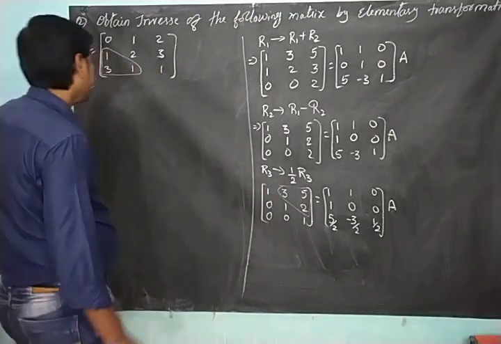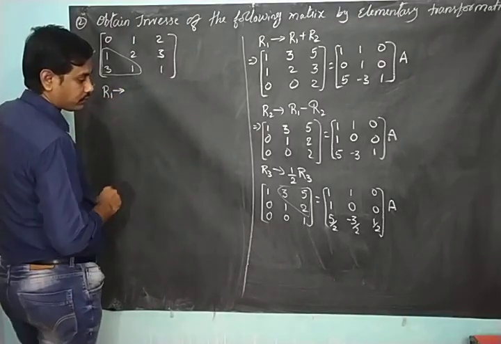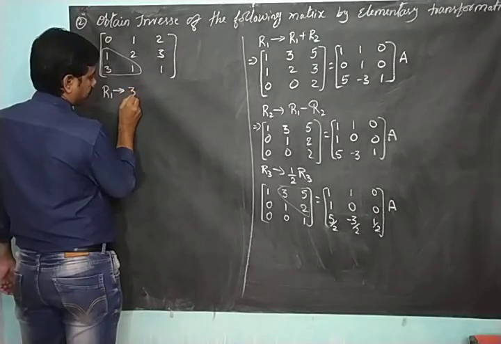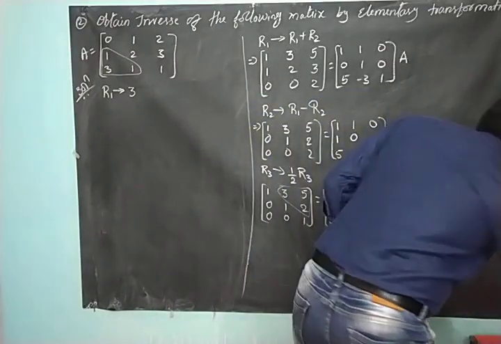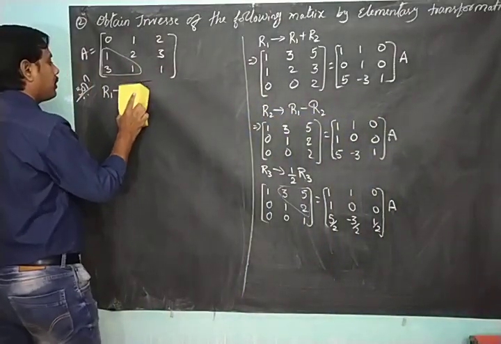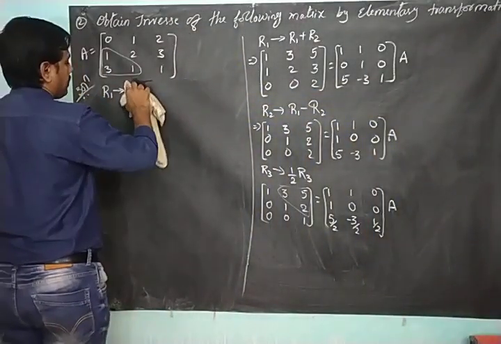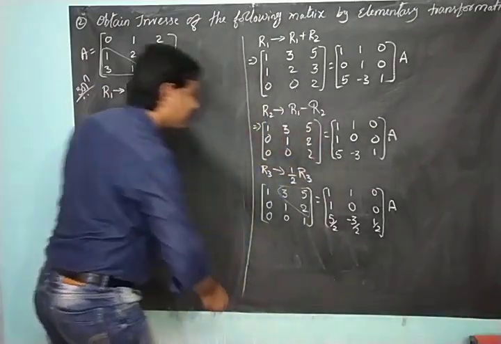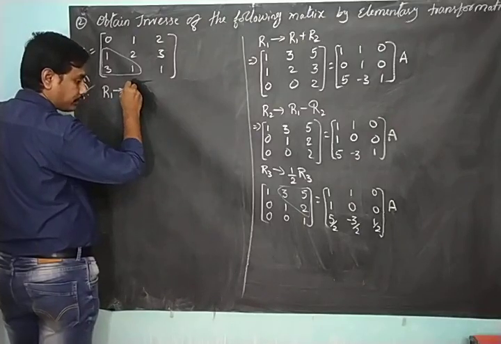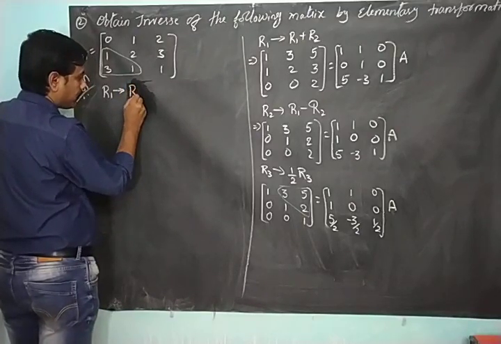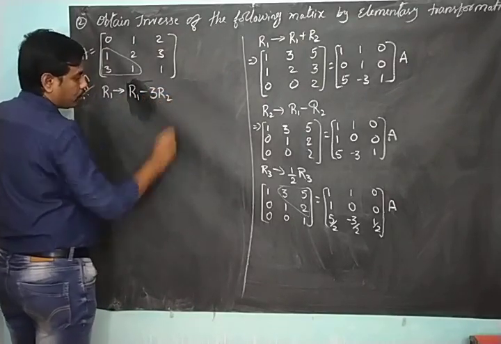So I can write R1 changes to R1 minus 3R2. What happens?